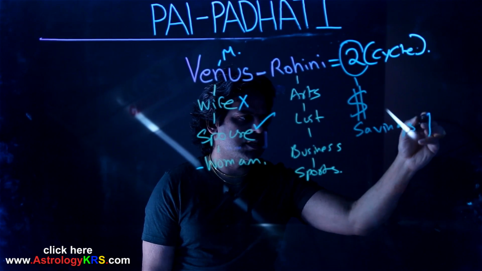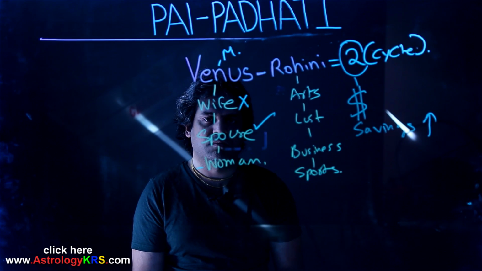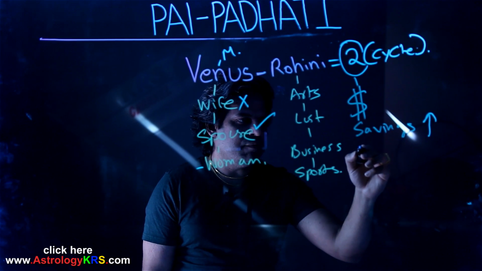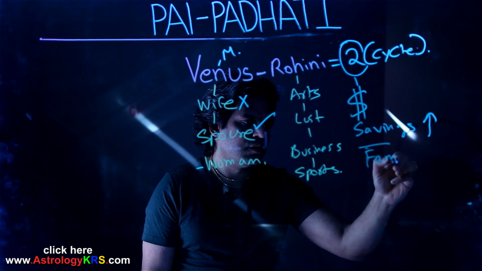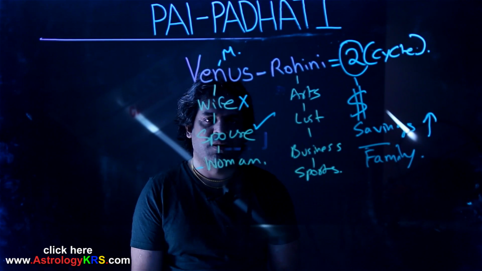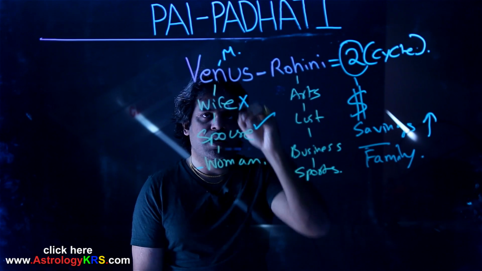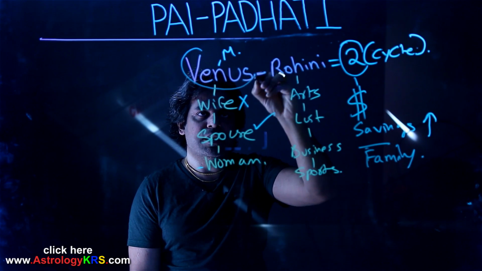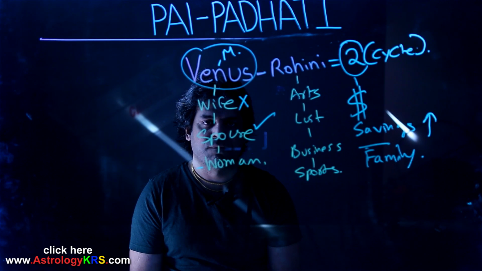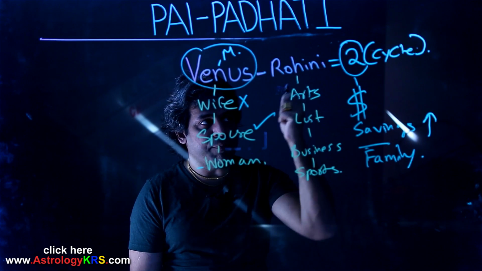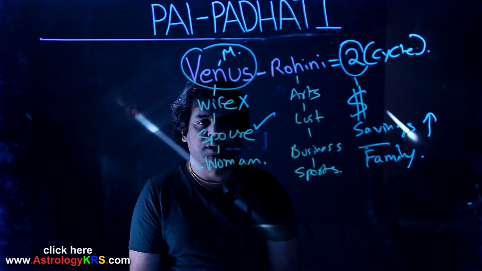Savings will increase. Family interaction will increase. Why? Because when you got married, you activated this Venus. So this is the very first step of understanding this Pai Padhati.